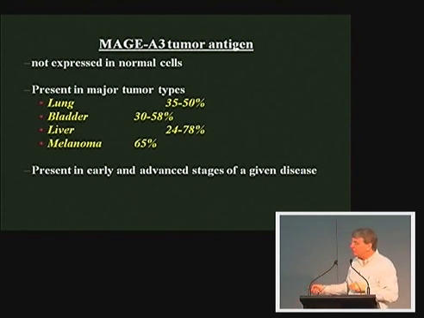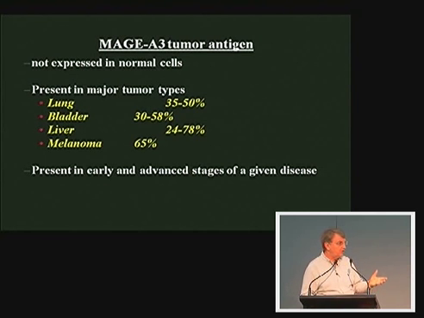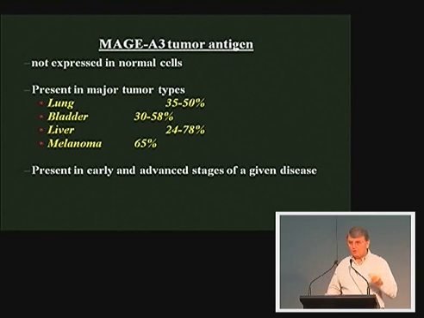I mentioned MAGE. We've just finished a trial. Patients who are lymph node positive, who contain this protein, because this protein does not exist in normal cells, and it exists in 50 to 60% of patients with melanoma.